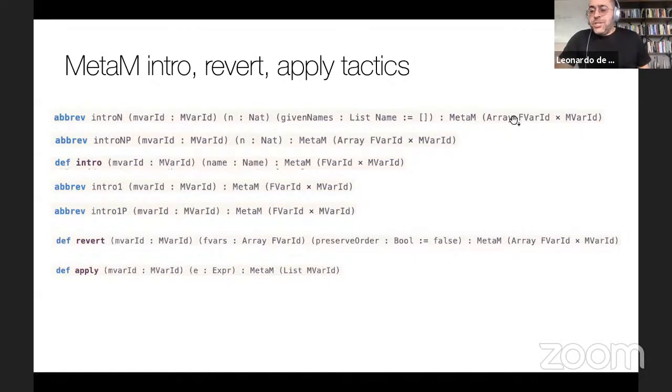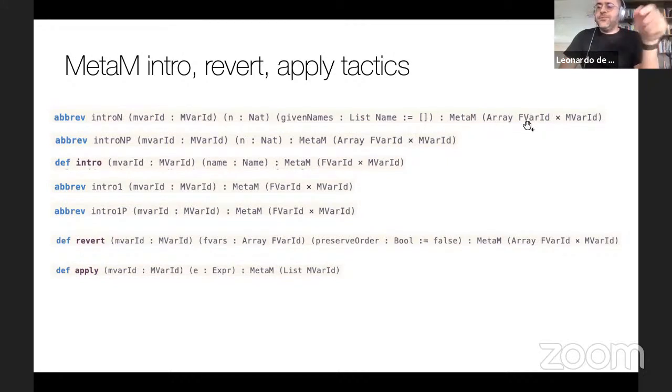Another way to see it is that usually arrays are for free variables. When you're building interactive tactics, you never care about the free variable IDs, right? They're irrelevant. The user doesn't even see them. They're just used to plumb things together, right? And when you are plumbing things together, arrays help.